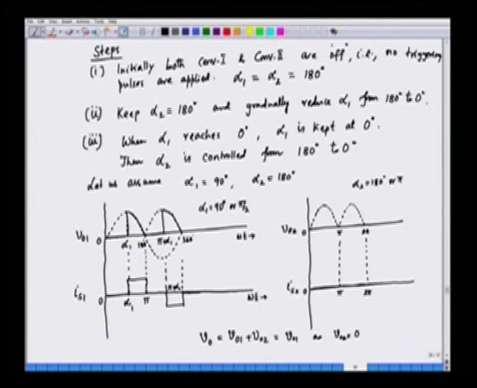The second bridge does not have any voltage here, because alpha 2 is 180. If alpha 2 is 180, the triggering angle is at the extreme point. So, second bridge is not conducting. So, only the fast bridge output is there, and hence the fast bridge is drawing some current from the supply IS1, the second bridge IS2 equal to 0.